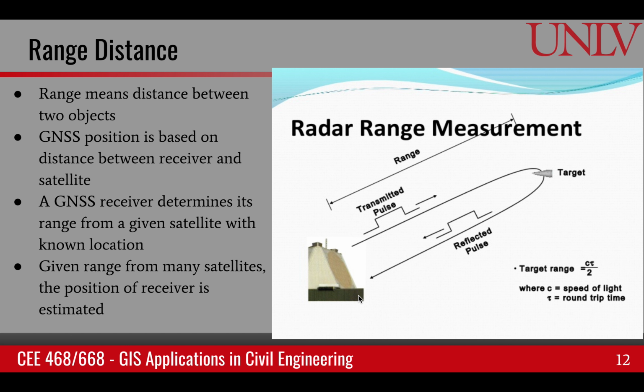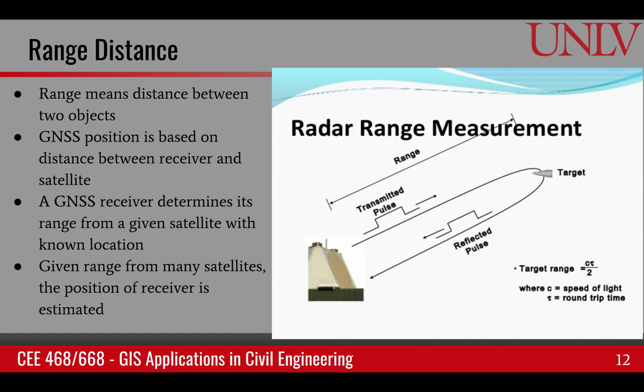And in case of the GNSS, the same principle is used, but it's one-way communication, because there is no two-way communication going on between the receiver and the satellite.